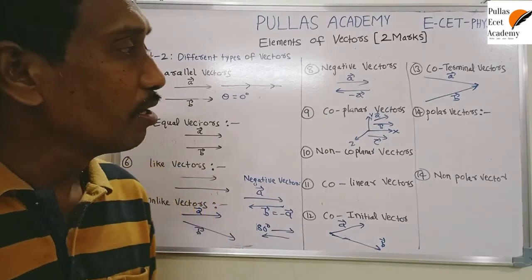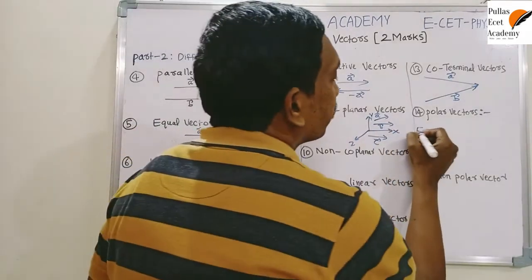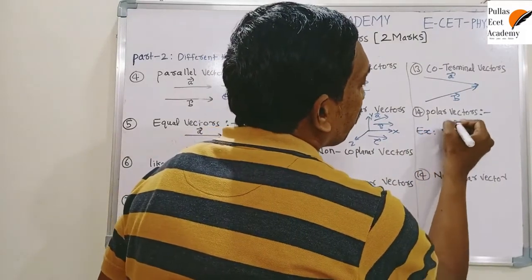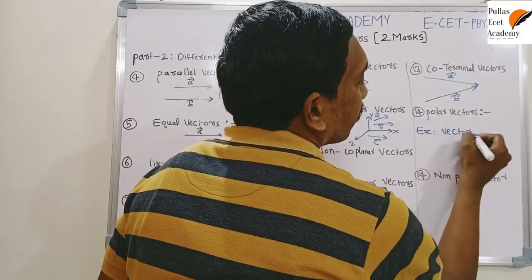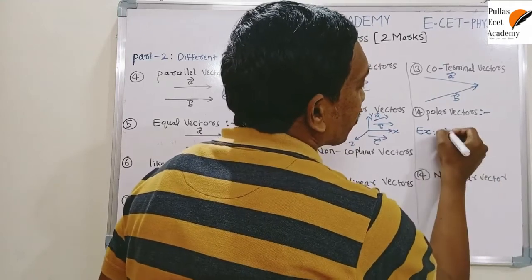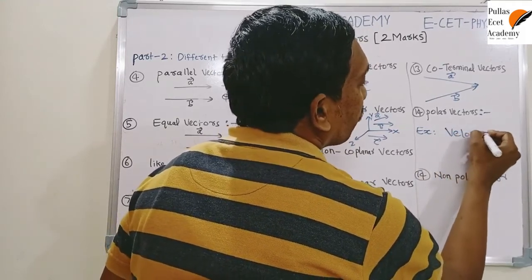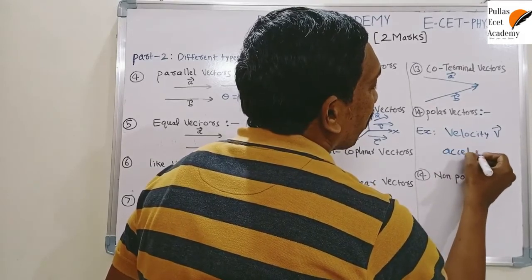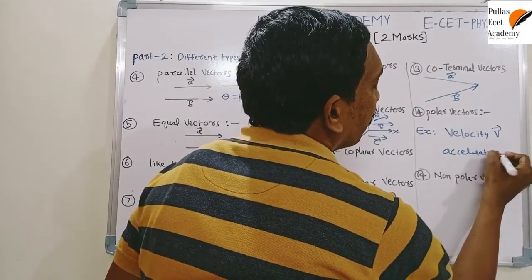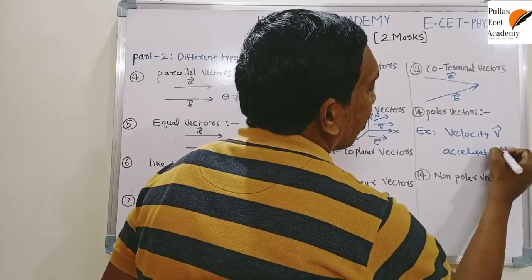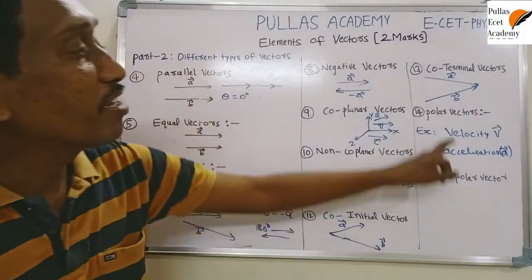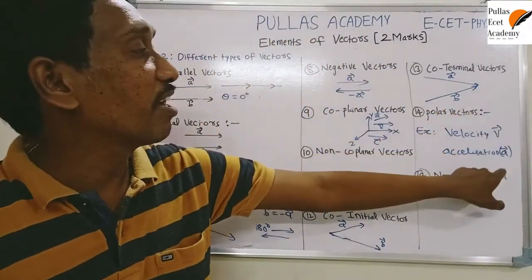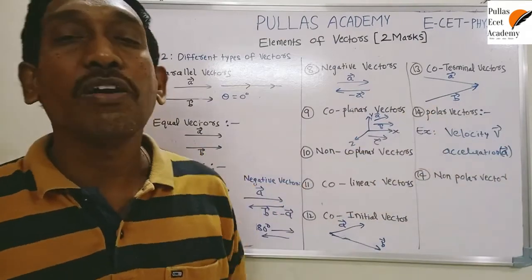For example, velocity is a polar vector, and acceleration is a polar vector. Suppose the direction of the axis changes, but there is no change in the magnitude and direction of the given vector; that is called a polar vector.